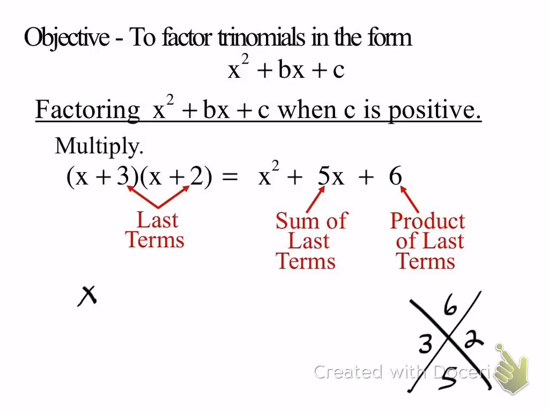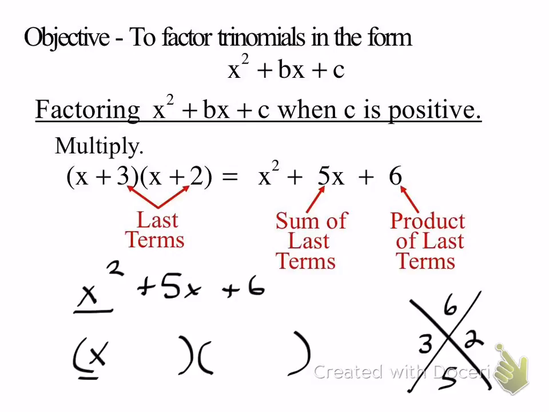When you factor, you're given something like this. And we say to ourselves, what times itself equals x squared? Caleb? X. No, x times itself. So I take x times x.